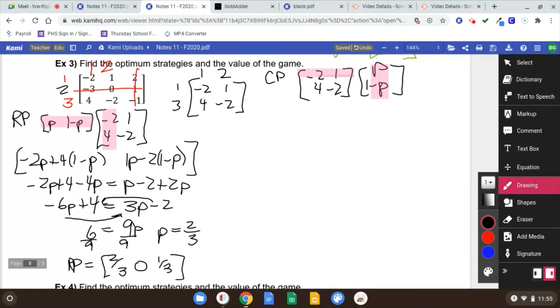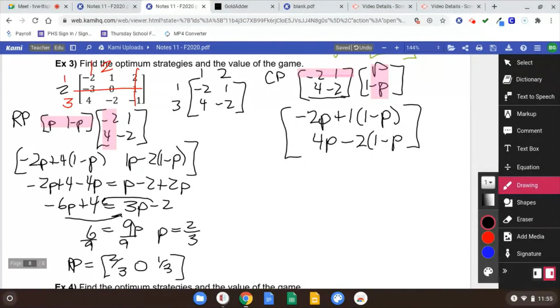We'll have -2p plus 1 times 1 minus p. And then we do the second row, and we'll have 4p minus 2 times 1 minus p. Now remember, we're going to have a 2 by 1 there because it was a 2 by 2 times a 2 by 1. So we should end up with a 2 by 1. That's what I have. But regardless, I just need to equalize those two things.